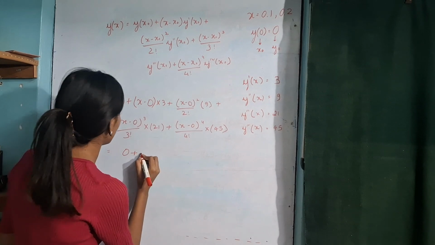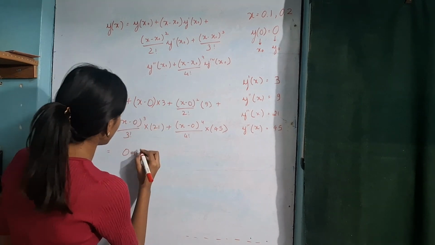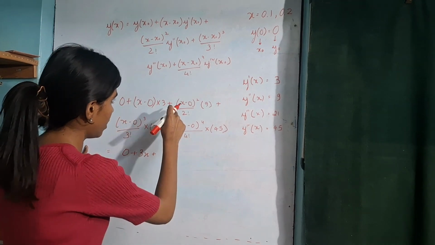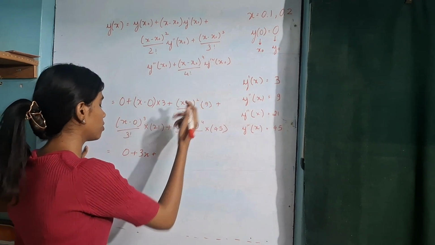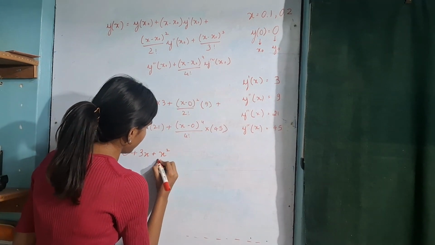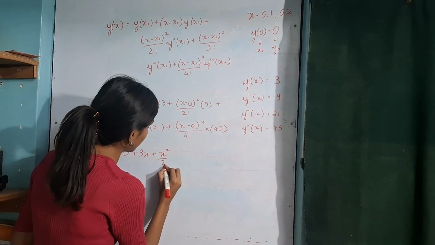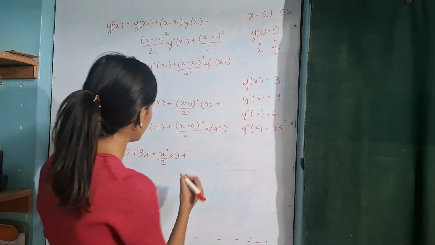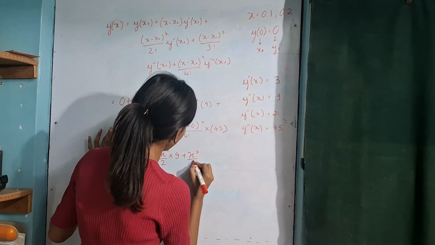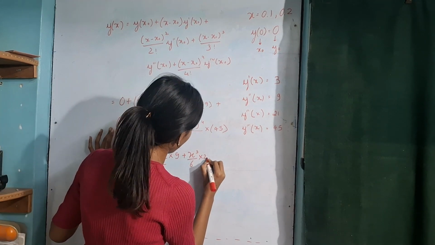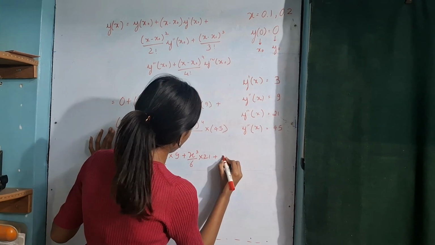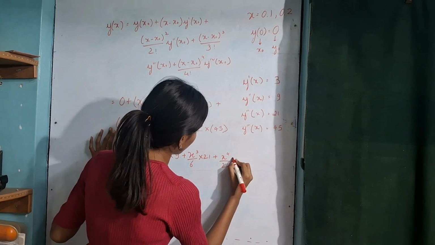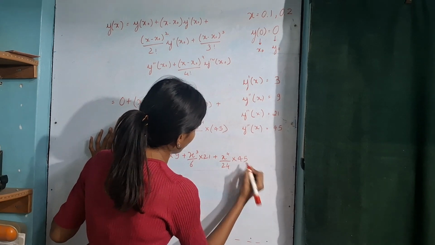0 plus x minus 0 is going to be x itself, into 3 it is going to be 3x, plus x minus 0 is x itself, and x raised to 2 is x square divided by 2 factorial, which is 2, into 9, plus x cube divided by 6 into 21, plus x raised to 4 divided by 24 into 45.